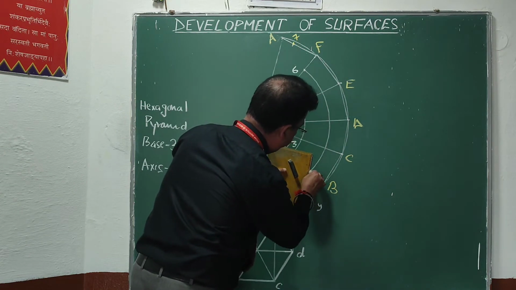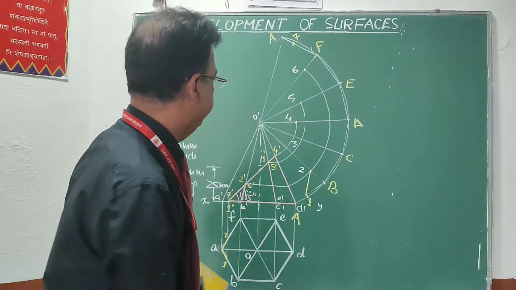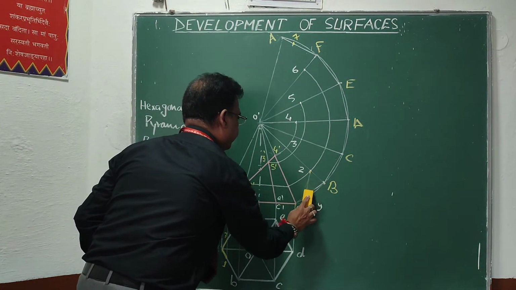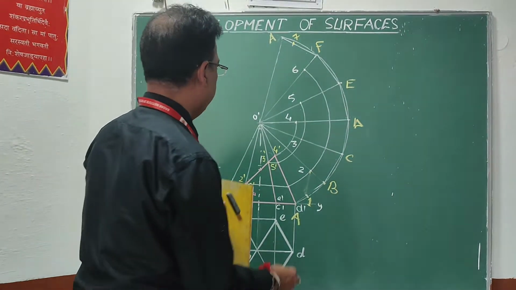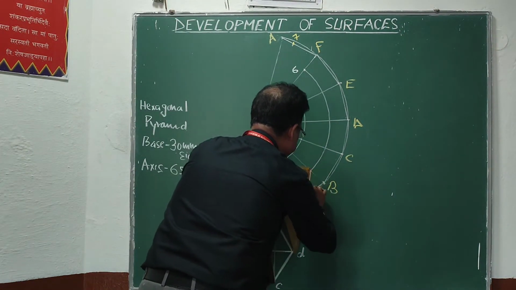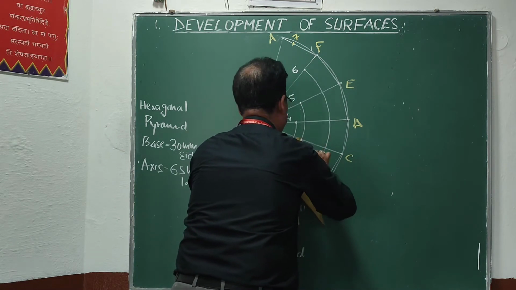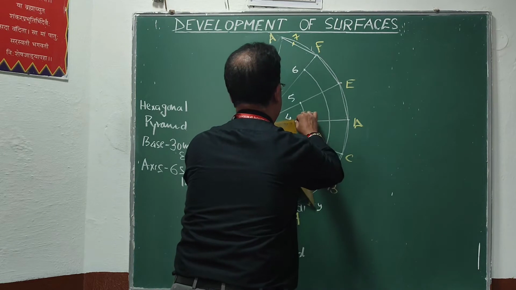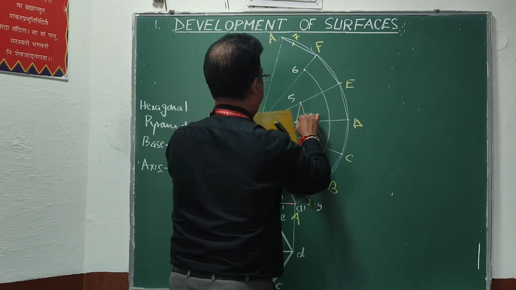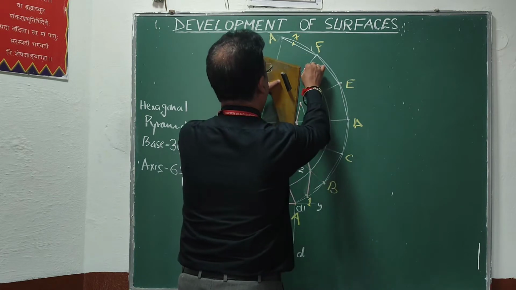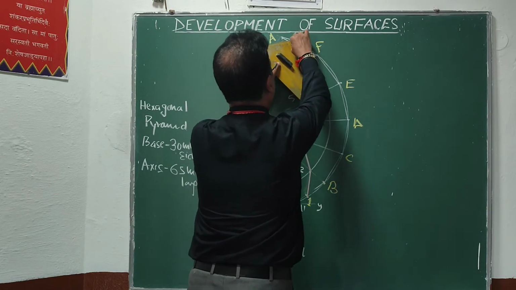So just join these points with straight lines. 1 to 2, then 2 to 3, 3 to 4, 4 to 5, 5 to 6, and 6 to 7.